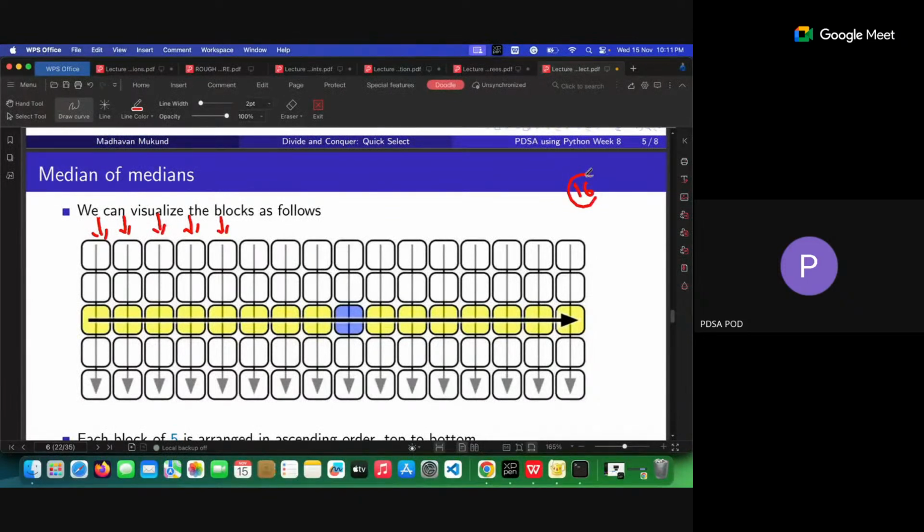A 16 element list. They try to divide it into blocks, each block having 5 elements. In those 5 elements they find the median, the kth one. All these medians are added to M, which is a separate list.